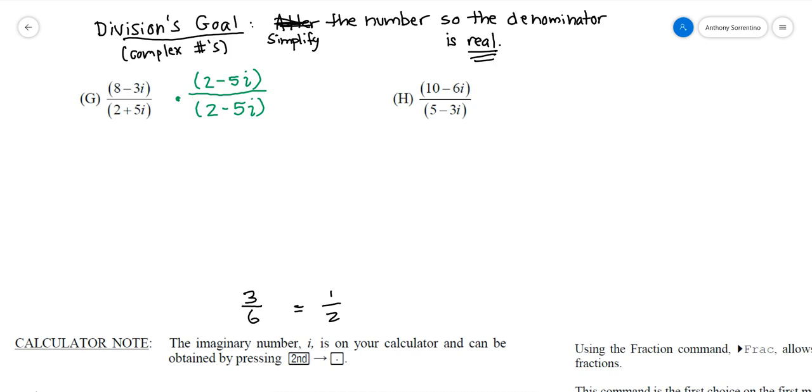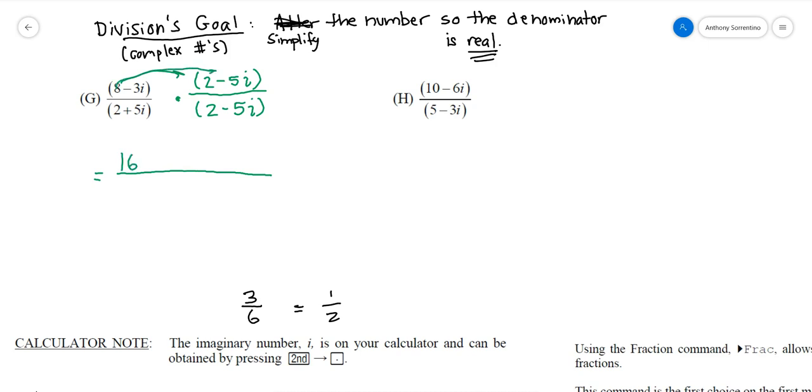So I'm going to be able to rewrite this with a real number in the denominator and having something new in the numerator, but it's not going to change the value of what this number is. So going on from there, I'm going to need to FOIL out the top. So I'm going to have 8 times 2, which is 16.